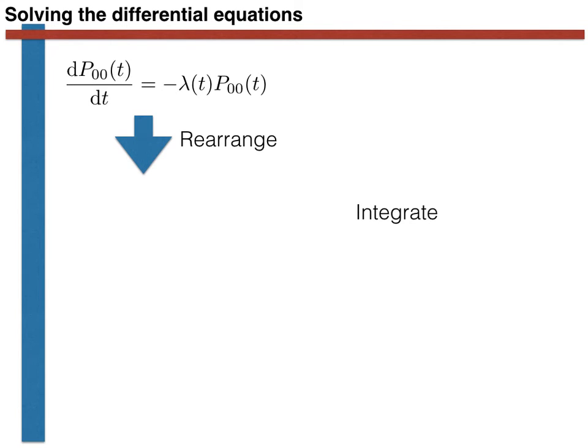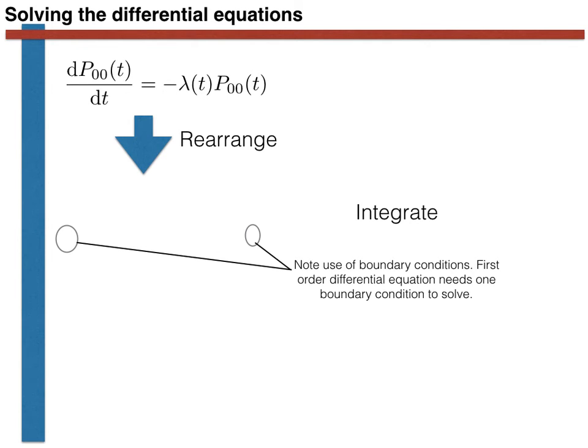Now, as always, we are solving a first-order differential equation, so we need a boundary condition in order to generate a solution. The boundary condition we will use in this case tells us that at time 0, no events have occurred with certainty, and that as such we know that P00 of 0 is equal to 1.